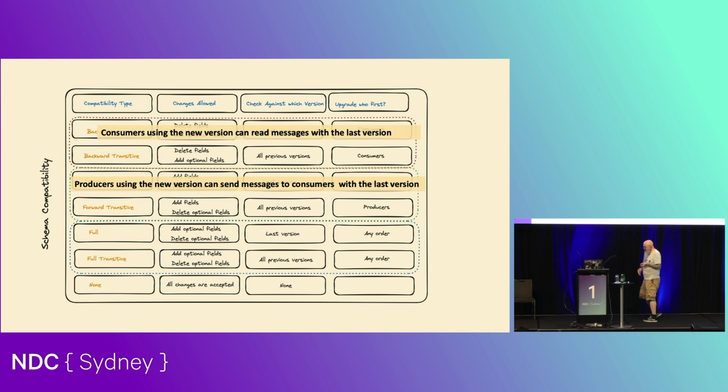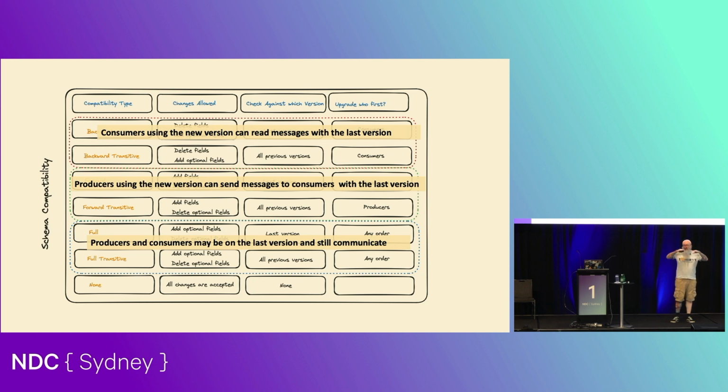Forward says a producer using the new version can send a message to a consumer who has the last version. So I can send a message that has version 14, but consumers that only understand version 13 will still work. And transitive means consumers with all the versions all the way down, right? And full basically means producers and consumers may be on the one prior version.